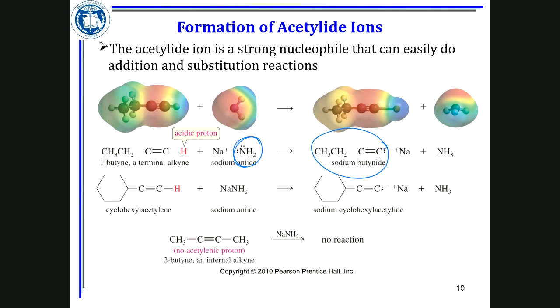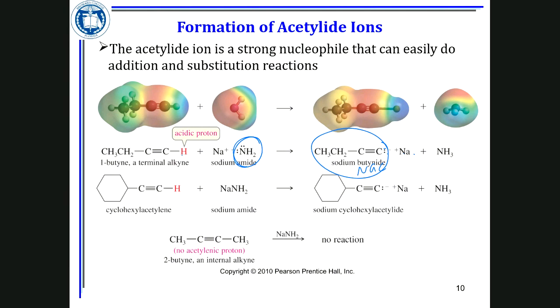It can act as a nucleophile. Now you can make this one react with an alkyl halide, and especially if it's a primary alkyl halide, it is going to be a fast reaction because this is a strong nucleophile. With the primary alkyl halide, you can add more carbon to this end.